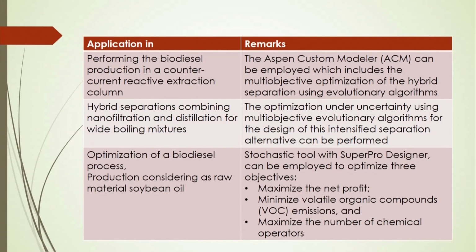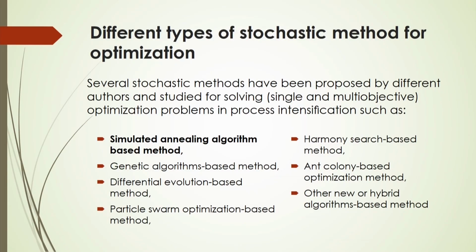So, you can optimize that biodiesel process based on soybean oil by this stochastic tool of SuperPro Designer, based on the objectives of maximization of the net profit, minimization of the volatile organic compound emission, and also maximization of the number of chemical operators.